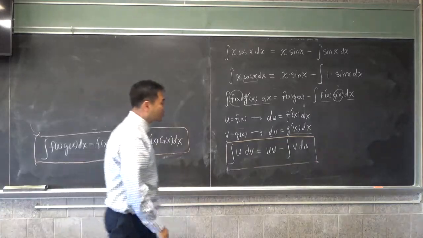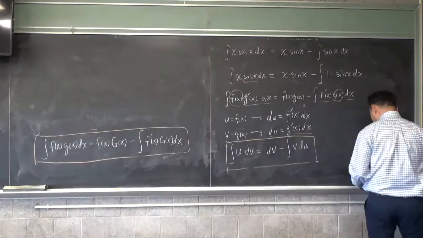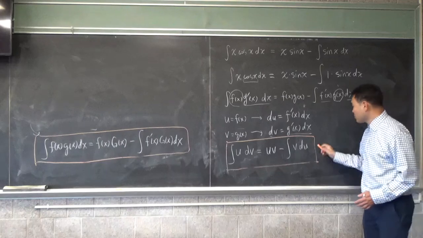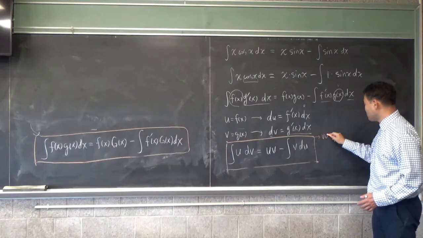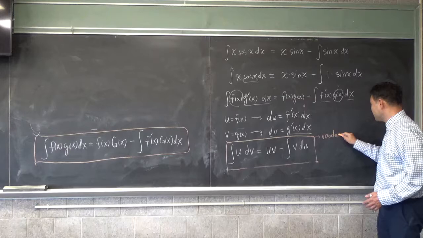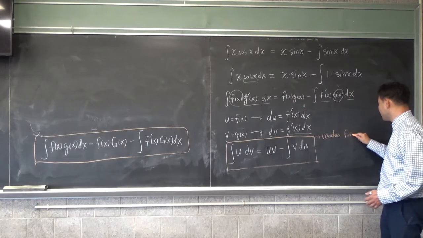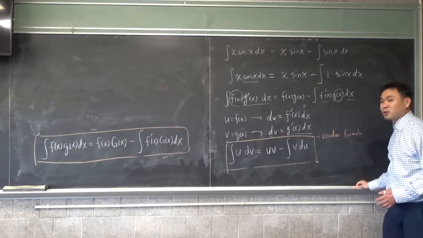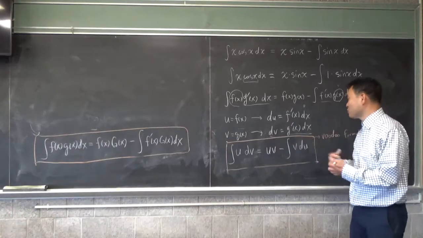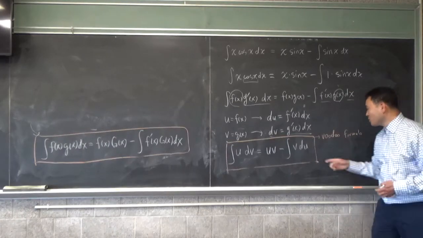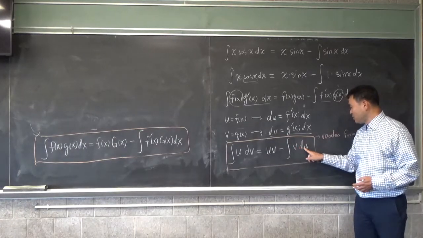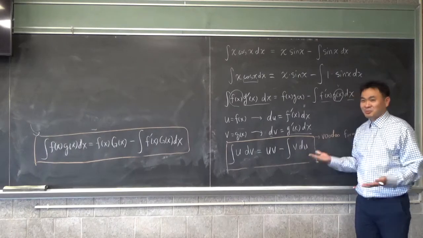And because of the way it looks, there's a nickname for this formula. People call this the Voodoo formula. Integrate by parts instead of saying a Voodoo integral. And the reason is if you read v du, Voodoo, that's Voodoo, right?